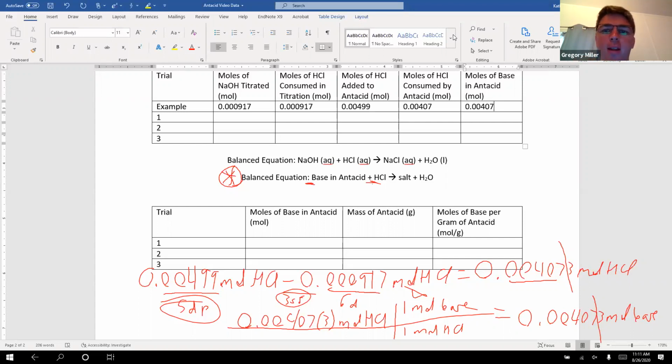And what you find out is in that new one, there's still a 1 in front of the base, the calcium carbonate, magnesium hydroxide, I believe. But now there's a 2 in front of the HCl for what it makes. So that would change this number to a 2 and actually make that number half as big. Make sure you can manipulate these equations and know how that affects your end results.